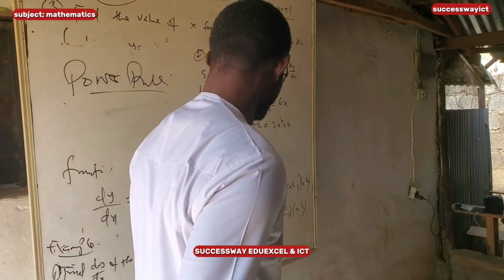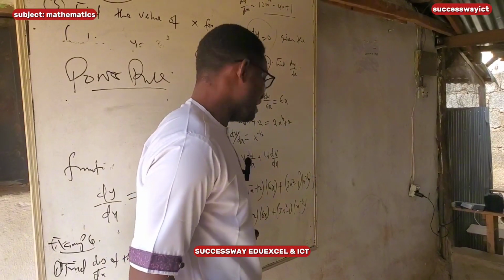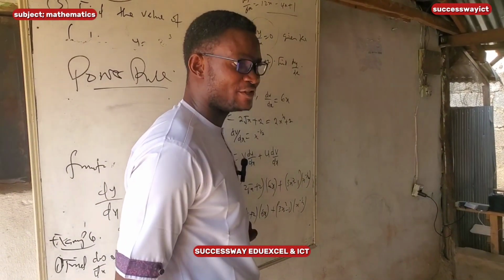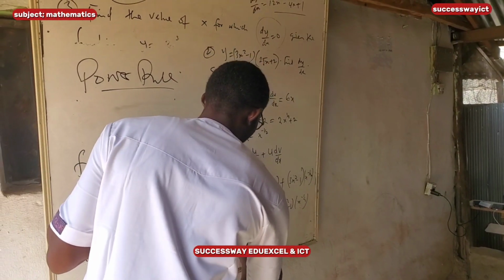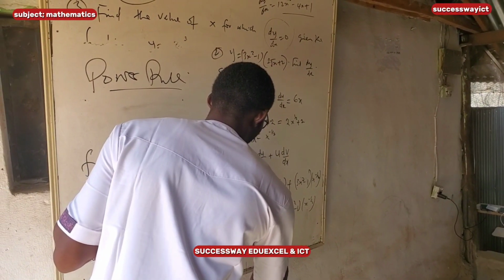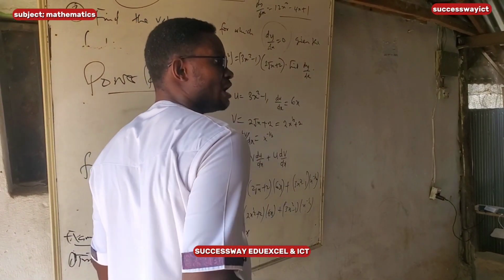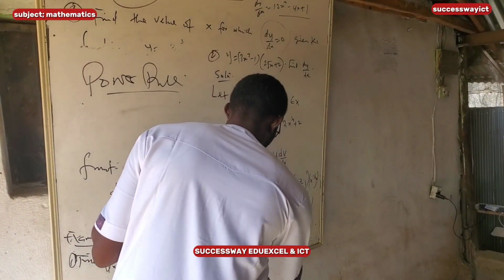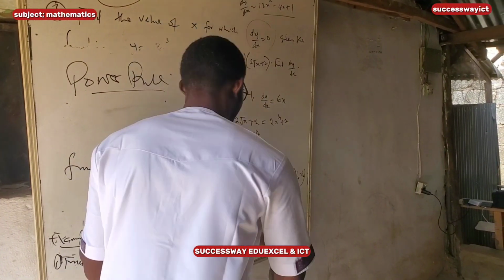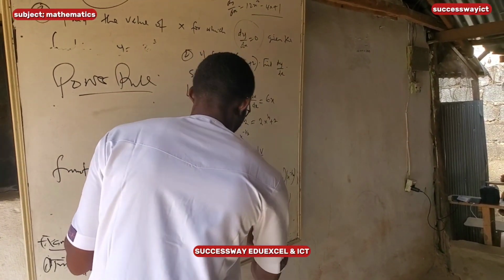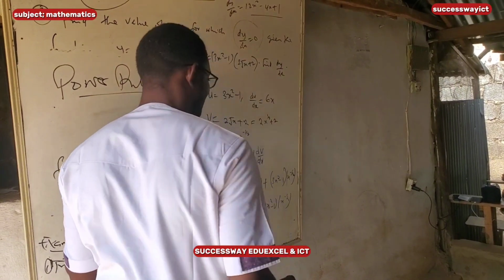Now let's multiply out. 6x times 2x raised to power half is what? You are going to have 12x to power 1 plus 1 over 2, which is 3 over 2. Plus 12x.